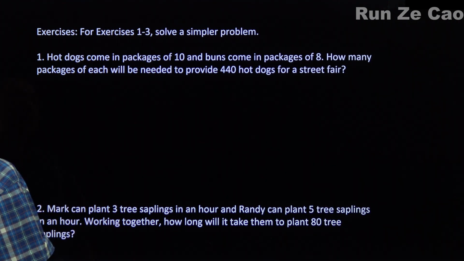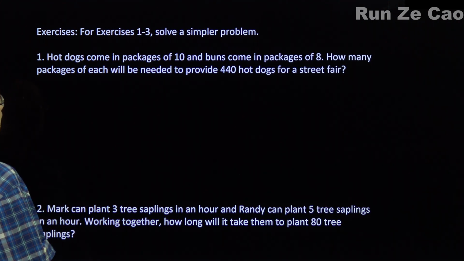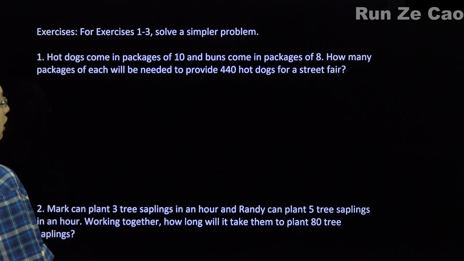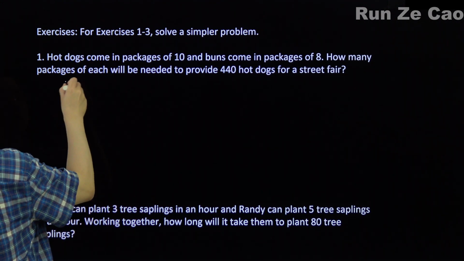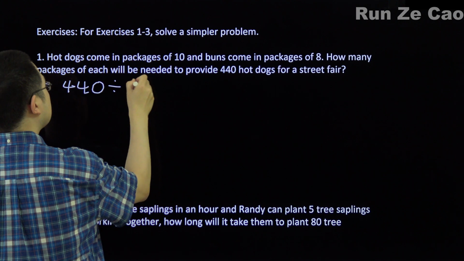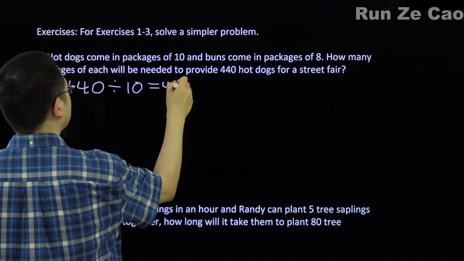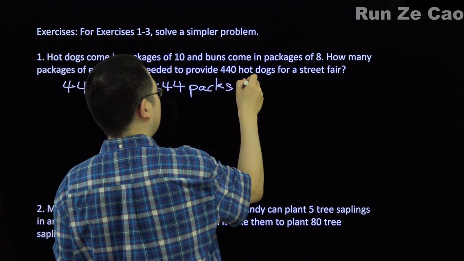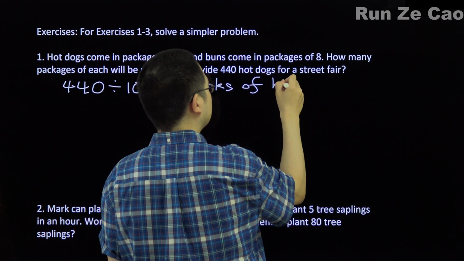Okay, so let's say we have hot dogs. They come in packages of 10 and buns come in packages of 8. How many packages of each will be needed to provide 440 hot dogs for a street fair? 440 divided by 10 is equal to 44 packs of hot dogs.